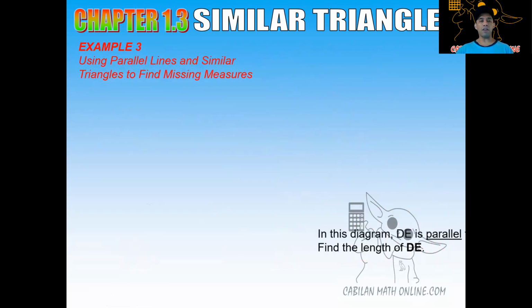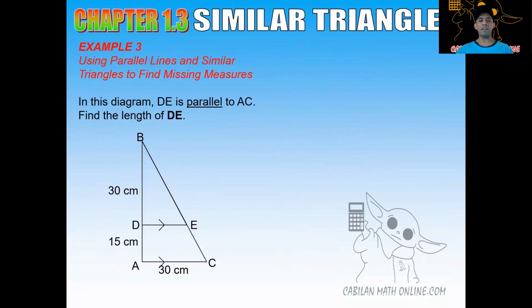For this one, what we have is a triangle within a triangle. The diagram tells us that DE is parallel to AC. When you look at these two triangles, which I've outlined in red for the first part, what I have here is triangle BDE.